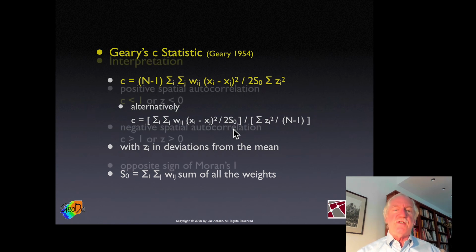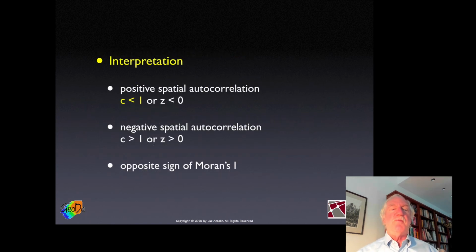So Geary C statistic is a little bit weird. The mean is 1. So positive spatial autocorrelation is a value smaller than 1, or a z value that is negative. So positive spatial autocorrelation is a negative Geary C. Why would that be the case? Well, before we had similarity. So positive is similar.